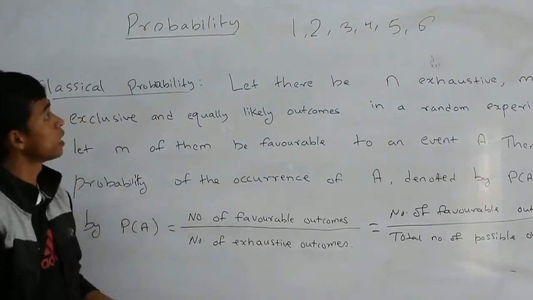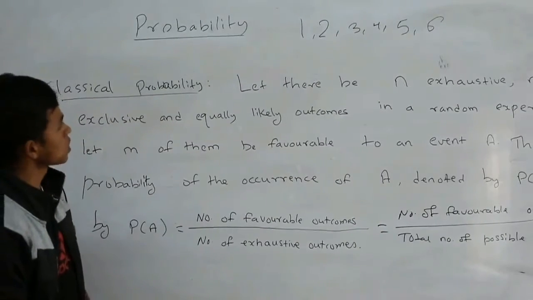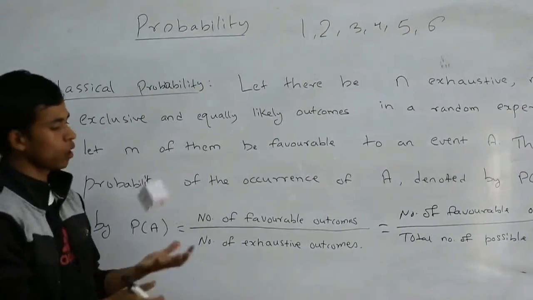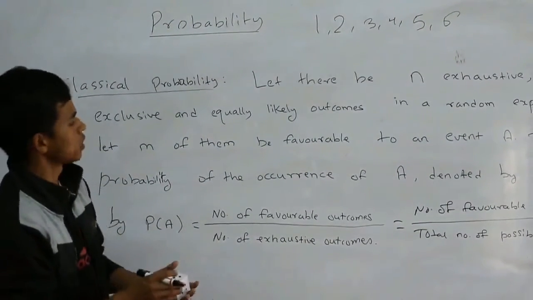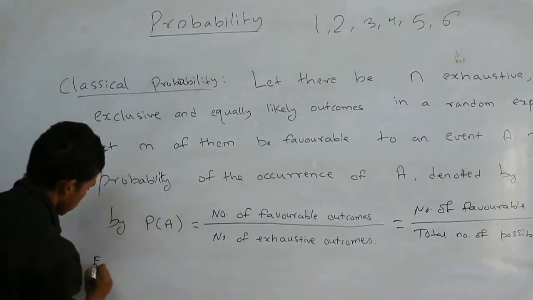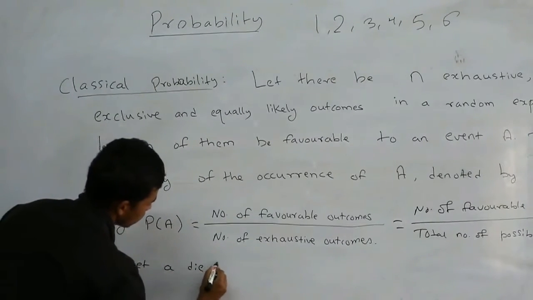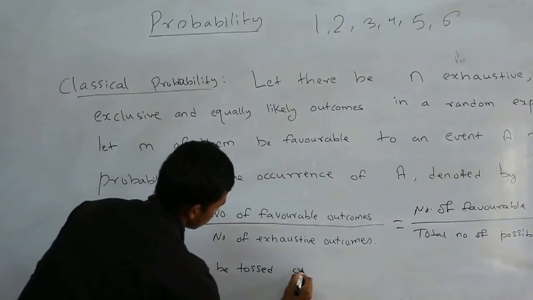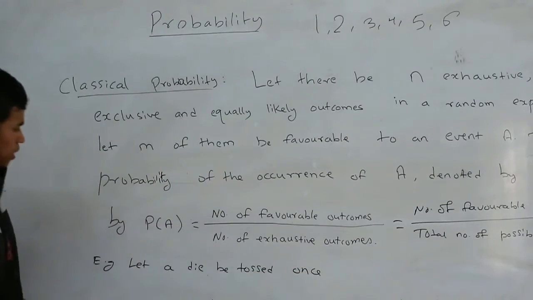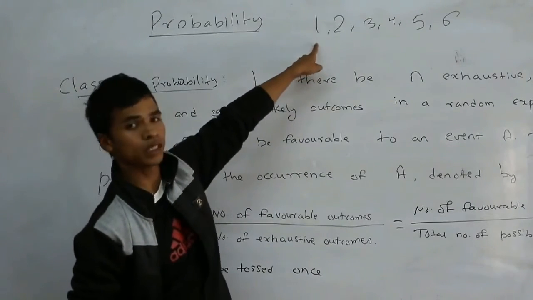Let's understand this definition with the help of an example. Again, let's take the example of tossing a die. Suppose when you toss a die once, how many possible outcomes are there? Example: let a die be tossed once. Then you can get only these outcomes, right?